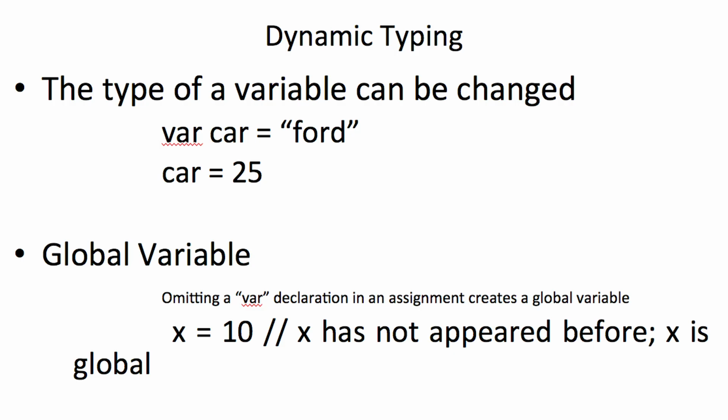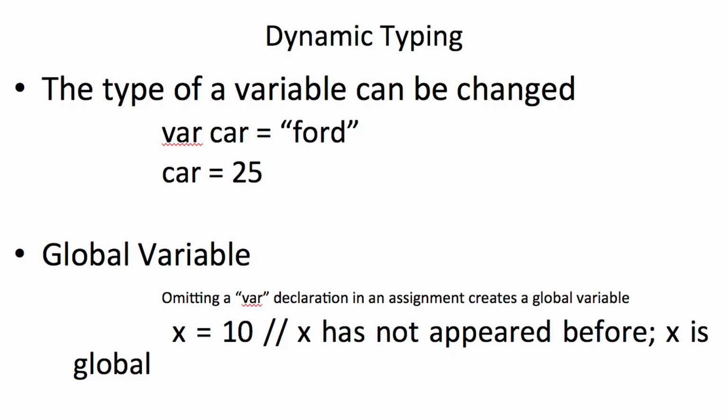Again in the next line, car equals 25, meaning the value 25 is stored in car. The previous value will be overwritten and the new value copied. So, we do not use integer, character, or float data types like in C and Java. We have only one declaration, that is var. By using var we can declare the variable, but sometimes we use the variable directly, omitting the var keyword.